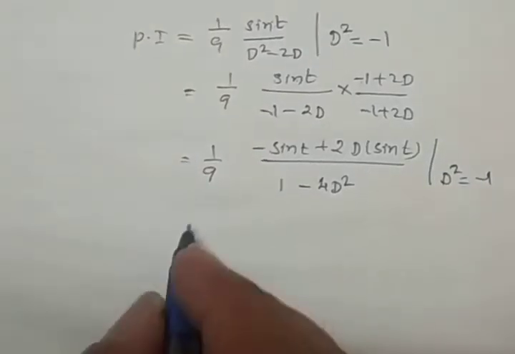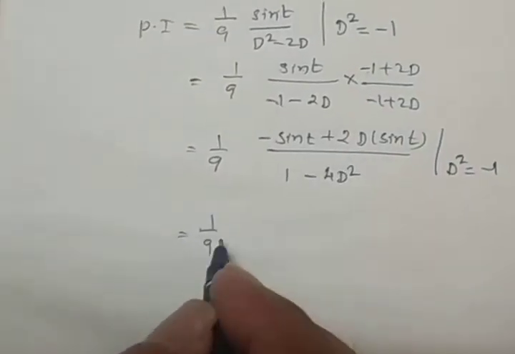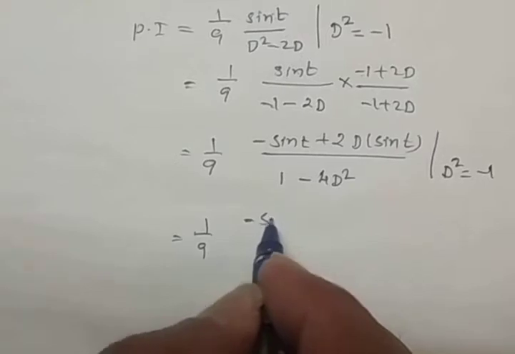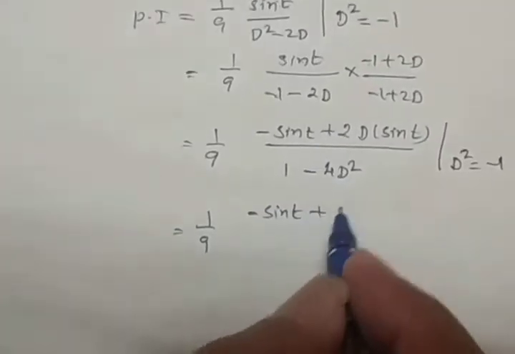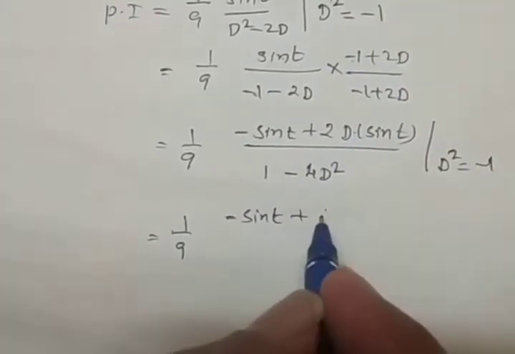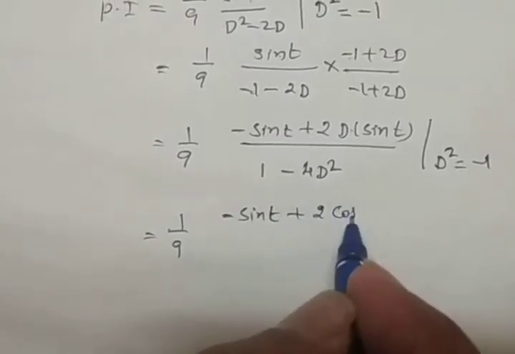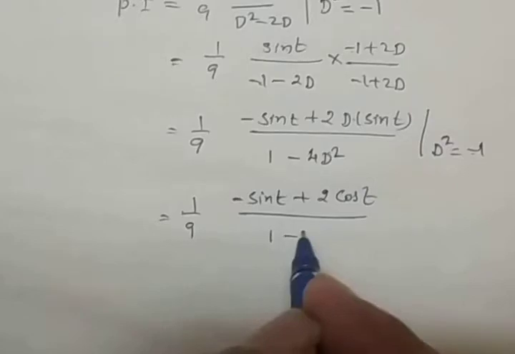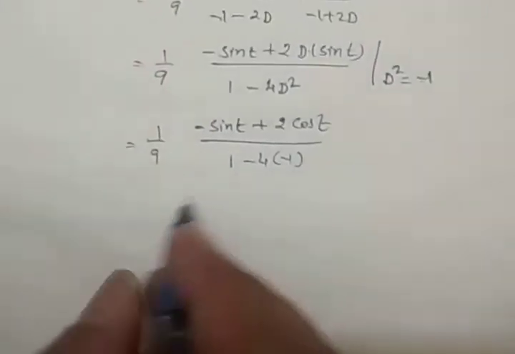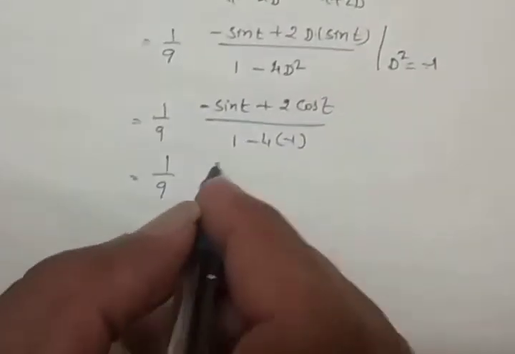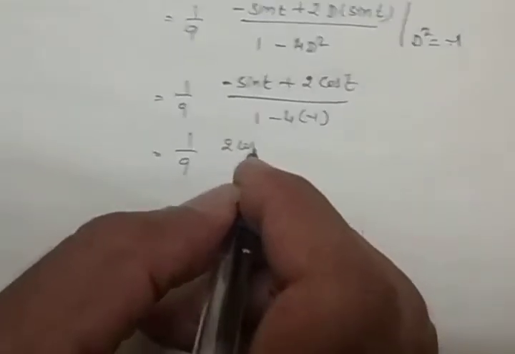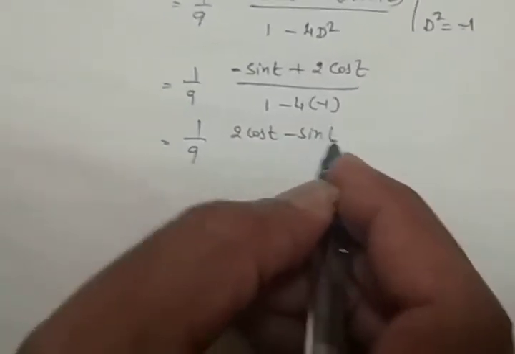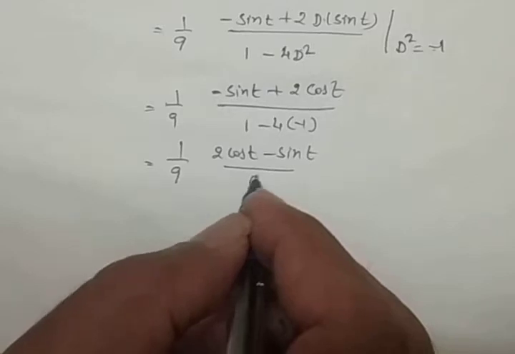Minus 1, so 1 by 9. Here, minus sin t plus the differentiation of sin t is cos t, 2 times cos t by 1. We are substituting minus 1 for D square. We get 2 cos t minus sin t by 5.